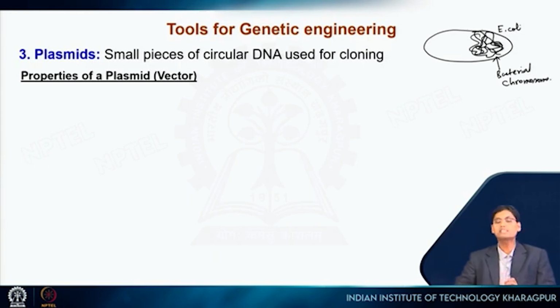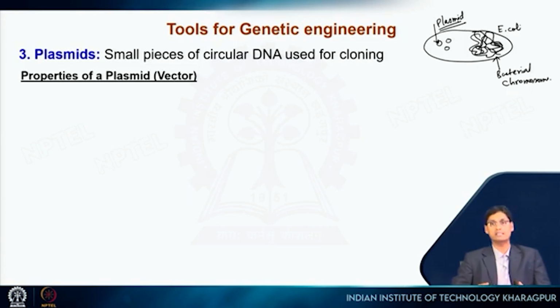But plasmids are small pieces of circular DNA which are extrachromosomal. That means apart from the chromosome, beside the chromosome, they have some additional small circular DNA, and this is called plasmid. So all bacteria don't have plasmid, but some bacteria naturally have plasmid, and this plasmid helps bacteria to attain some additional properties. For example, resistance against some antibiotic, sometimes resistance against some heavy metal. So there are many other functions of plasmid.